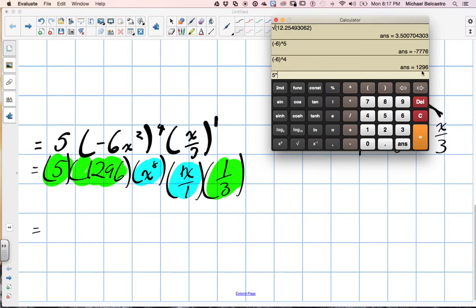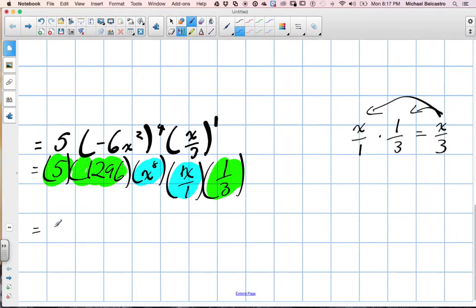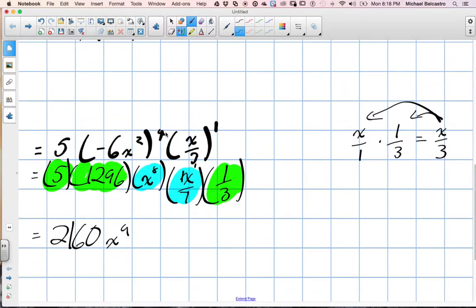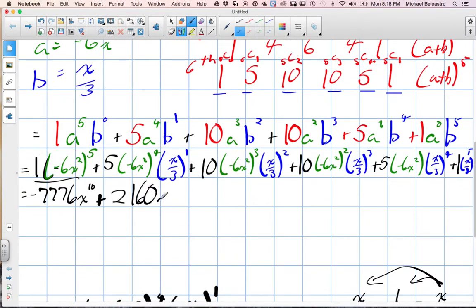So 5 times our value, divided by 3 equals 2160. So our coefficient is 2160. And then this is the same as x to the power of 8 times x to the power of 1, and we just add the exponents. It becomes x to the power of 9. So now this is one term, which is 2,160 x to the power of 9.